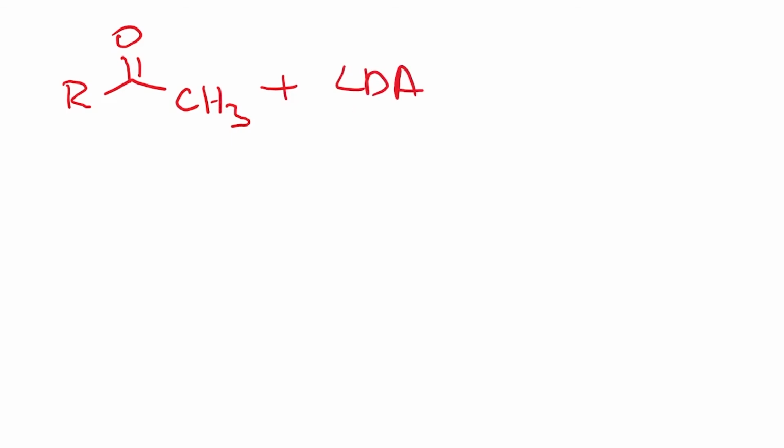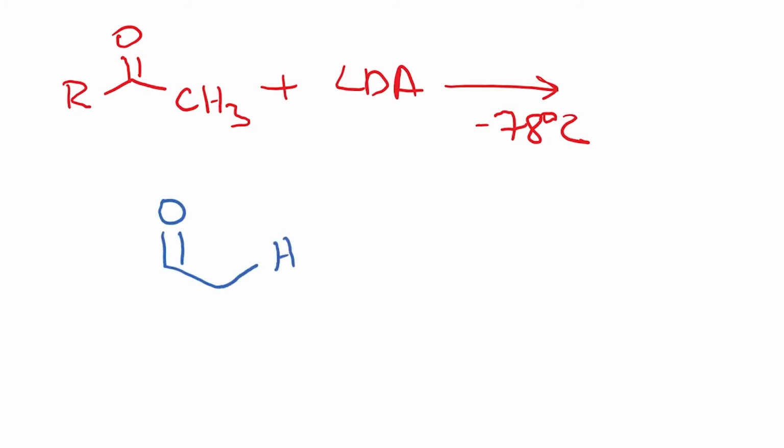And so the reaction now is basically, let's say we take this plus LDA at minus 78 degrees. And what we expect here is the following. So you have C double bond O, H, and you have your nitrogen enolate here, and there's a nitrogen base here.